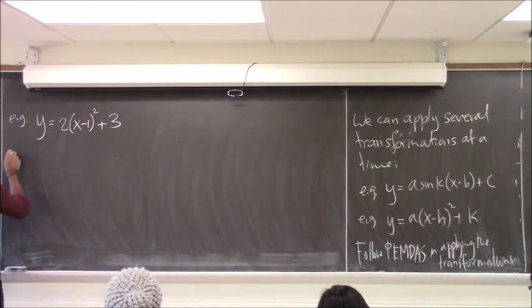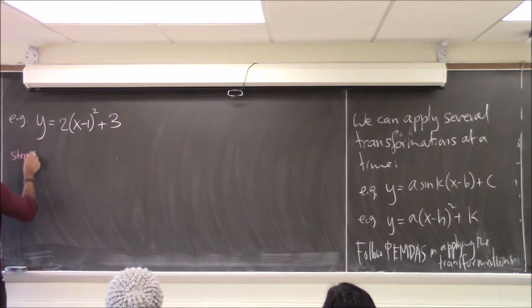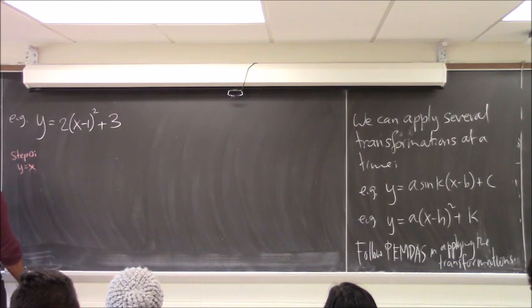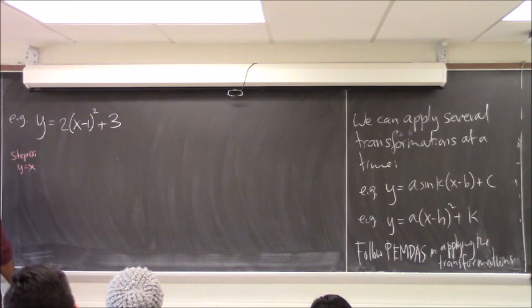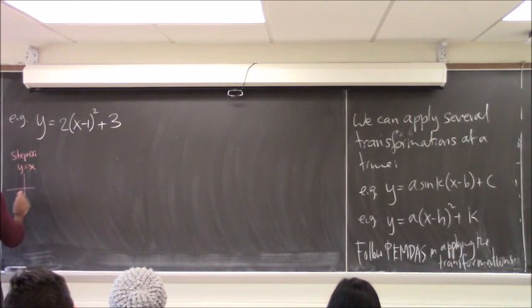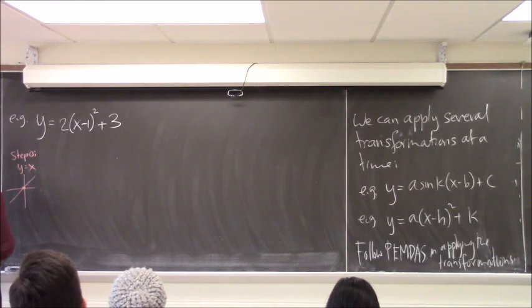Maybe step 0, most people actually wouldn't think about this step. But step 0 you could actually start with nothing but x, and then you would square it. So you think of just a graph y equals x. Squaring that gives you x squared.